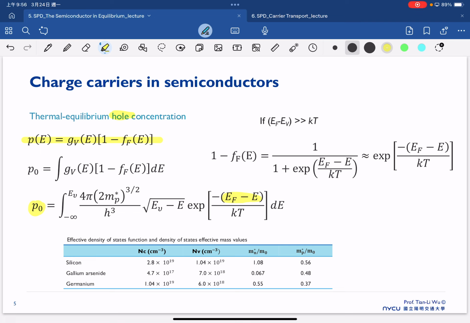As we already said, we put the constants as NC and NV. NC is the one for electrons and NV is the one for holes. Different materials have different NC and NV, and later on we will mainly consider these as fixed constant numbers related to the material properties.